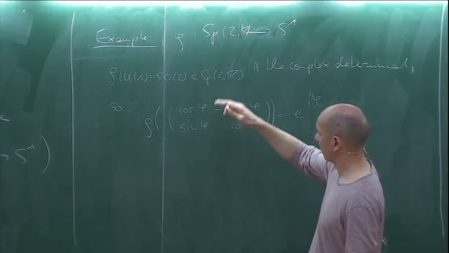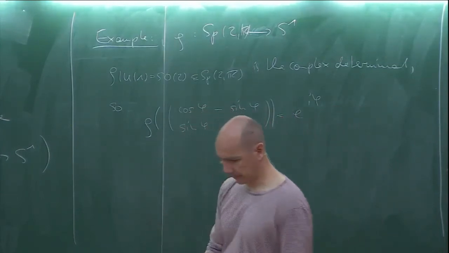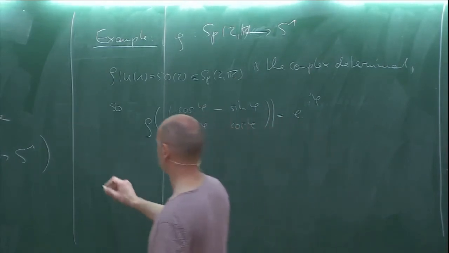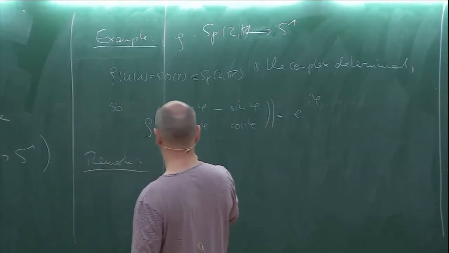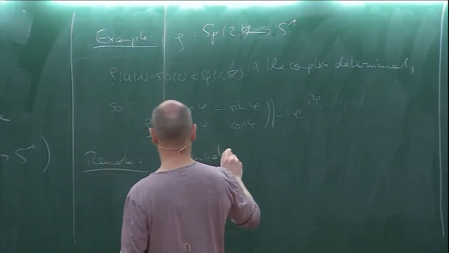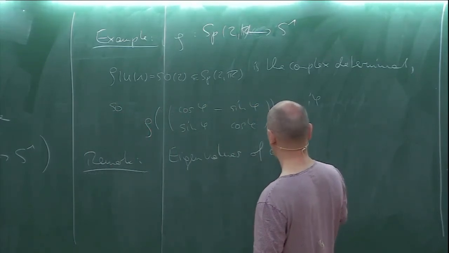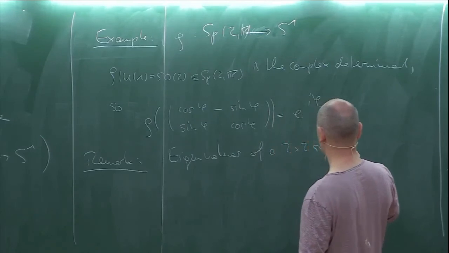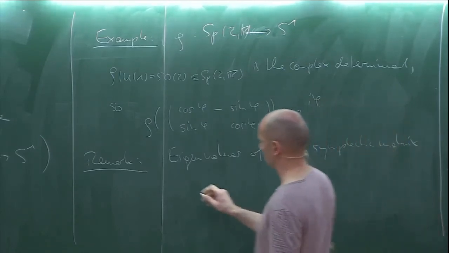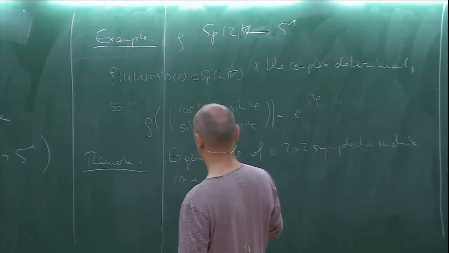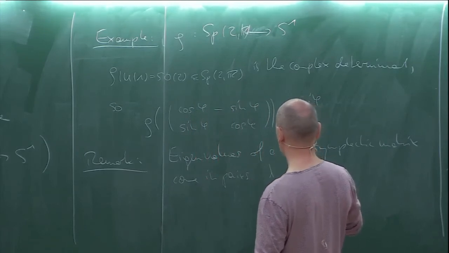Basically, if you're a 2 by 2 symplectic matrix, then the eigenvalues of a 2 by 2 symplectic matrix come in pairs lambda and 1 over lambda, right?